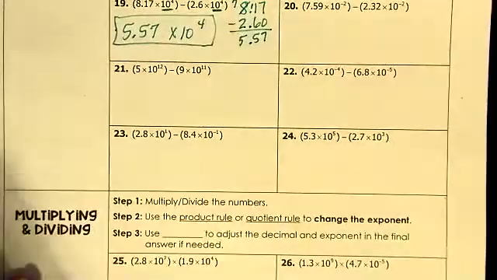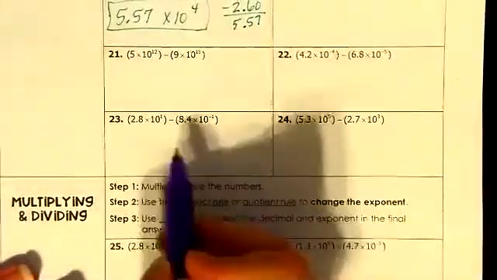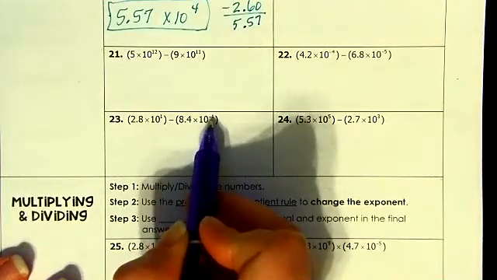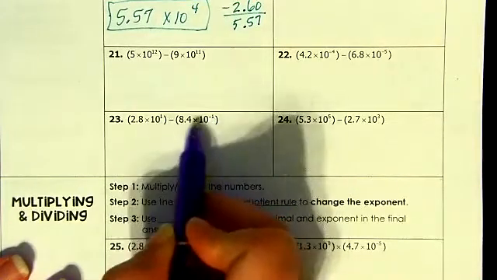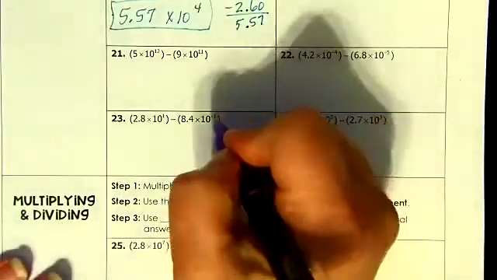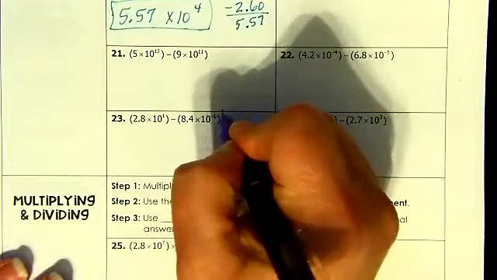Okay, jumping down to number 23. If I look at this, these are close, but they're not the exact same. I want to keep this one the same and move the second one. What do I have to do to get them to be the same? I have to add 2.